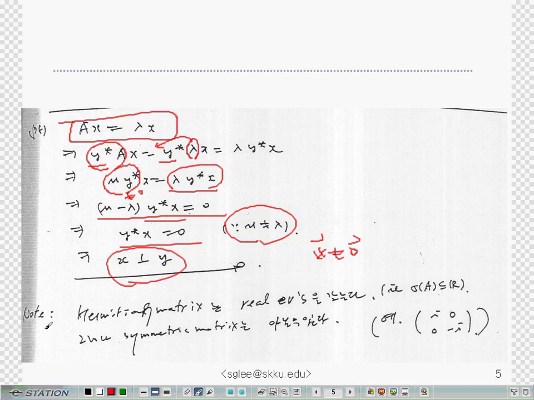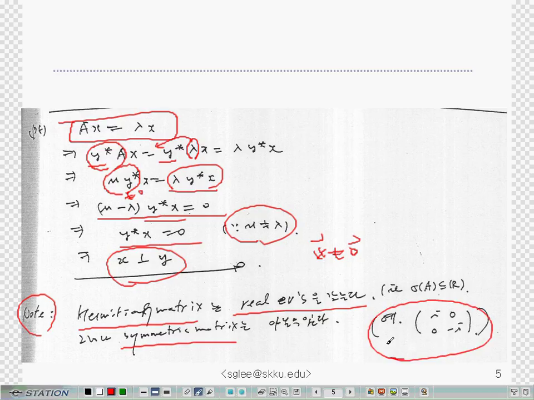There was one note. Every Hermitian matrix has all real eigenvalues, but a symmetric matrix may not. This is a symmetric matrix, but it doesn't have real eigenvalues. It has complex eigenvalues. This is definitely a symmetric matrix, but the eigenvalues are not real.